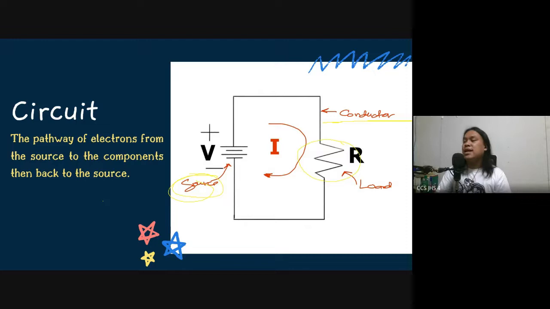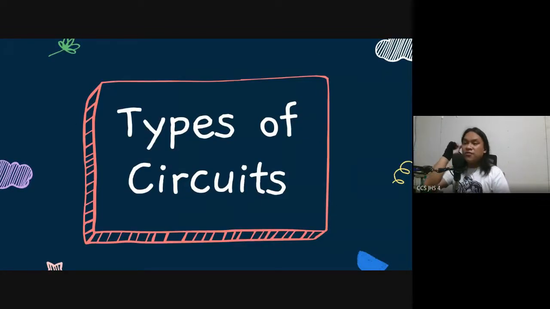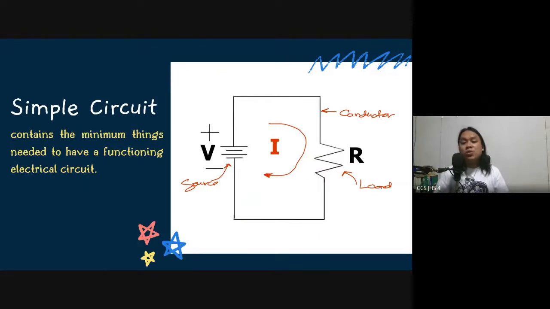Let's now move to the next slide. So let's now have the different types of circuits. The first one that we have here is what we call the simple circuit. When we say simple circuit, it means that it contains the minimum things needed to have a functioning electrical circuit. Minimum, meaning the fewest materials that you need in order to create a functioning electrical circuit.